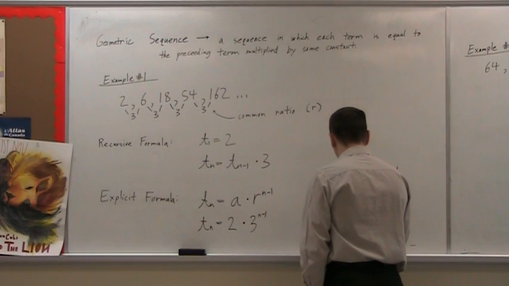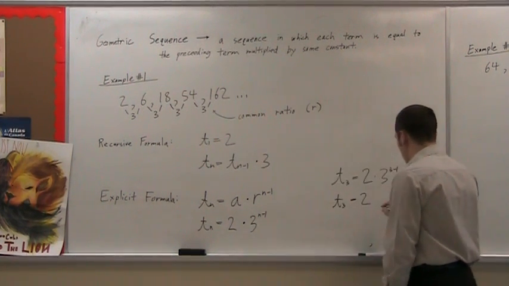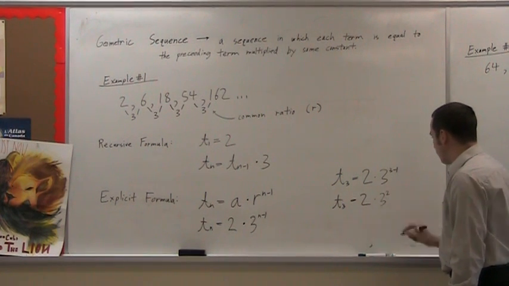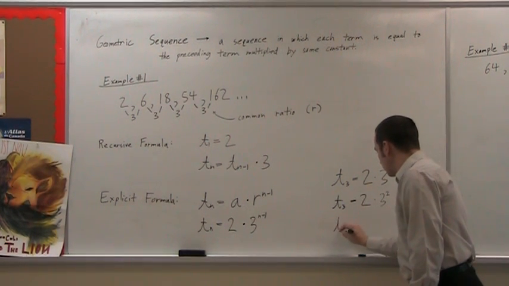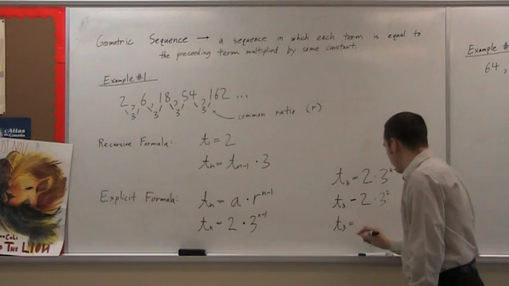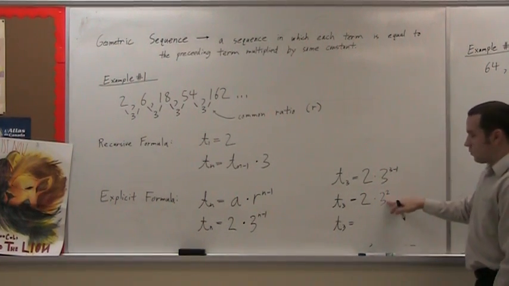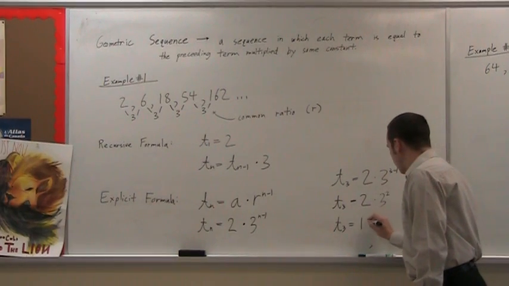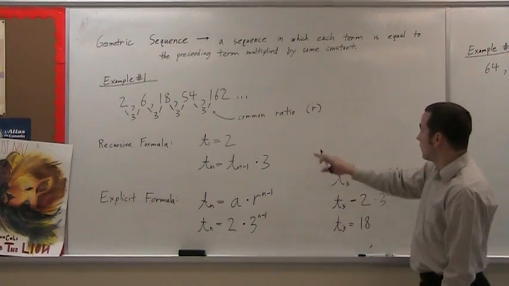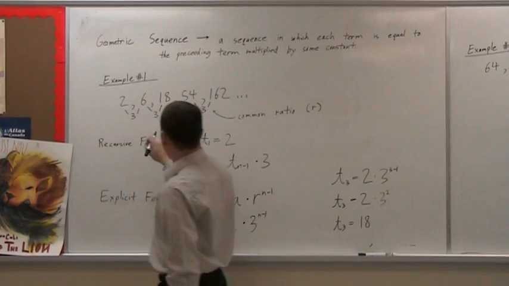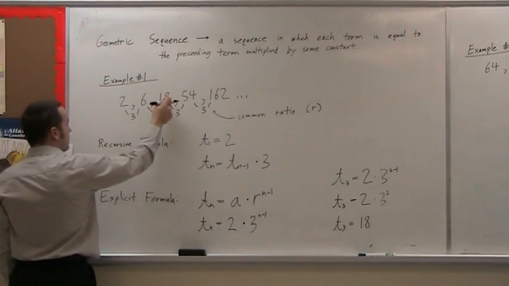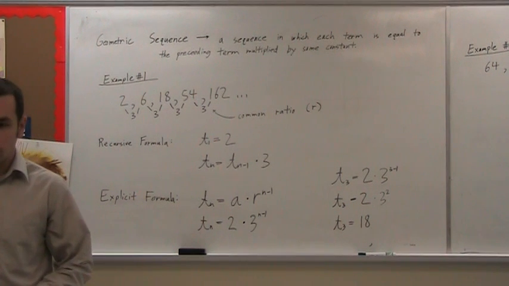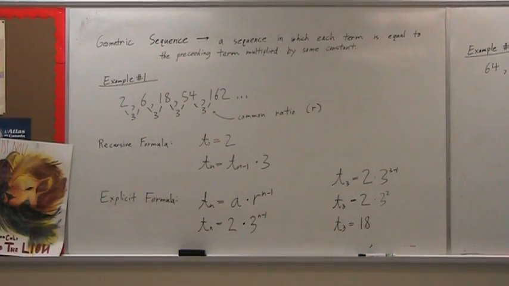So T3 is equal to 2 times 3 to the power of 2. 3 squared is 9, and 9 times 2 is 18. So there you can see over here, our third term, first, second, third, is indeed 18, so it works. All right, we'll switch over to the next board and give you another example.